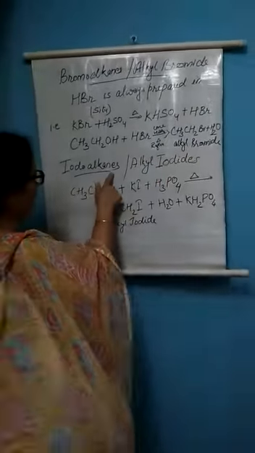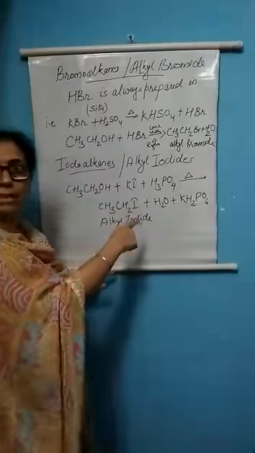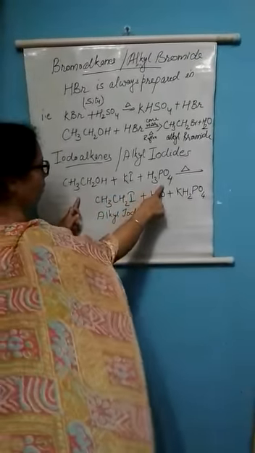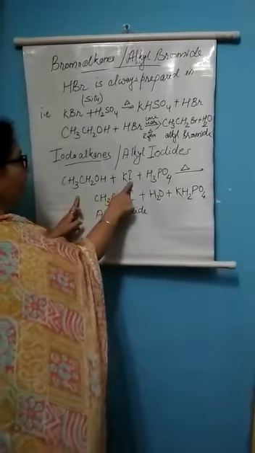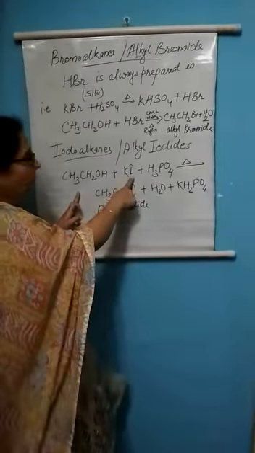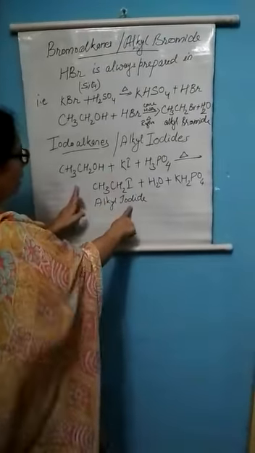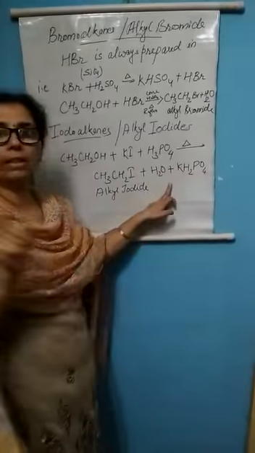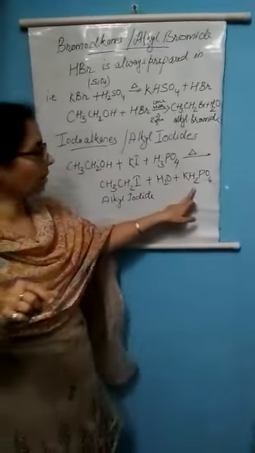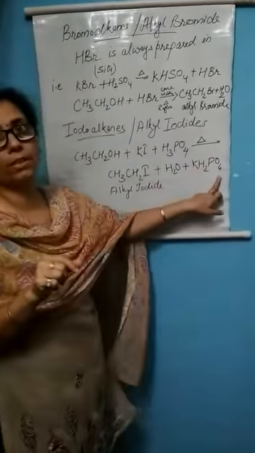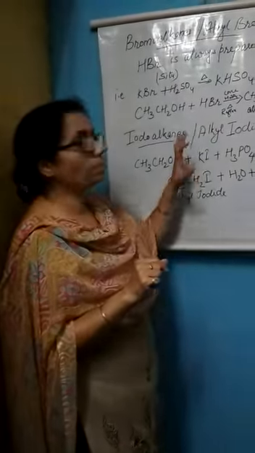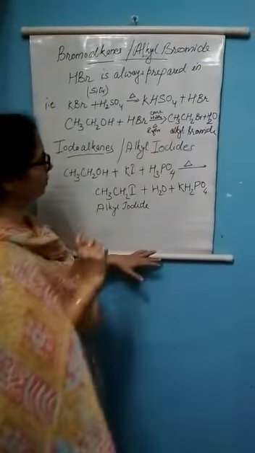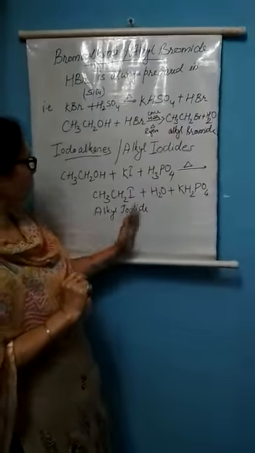Similarly for iodoalkanes, alcohol is mixed with potassium iodide and phosphoric acid, where the alcohol reacts with the iodine from the potassium iodide and forms alkyl iodide, and the remaining portion is removed as water, along with another byproduct, potassium dihydrogen phosphate. So these are the two important reactions by which you can prepare bromoalkane as well as iodoalkane.